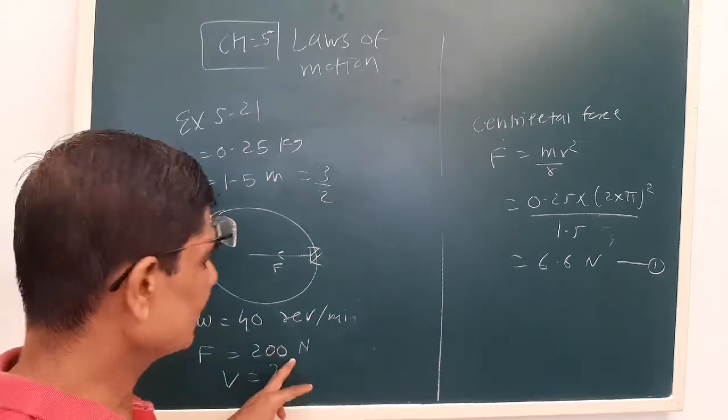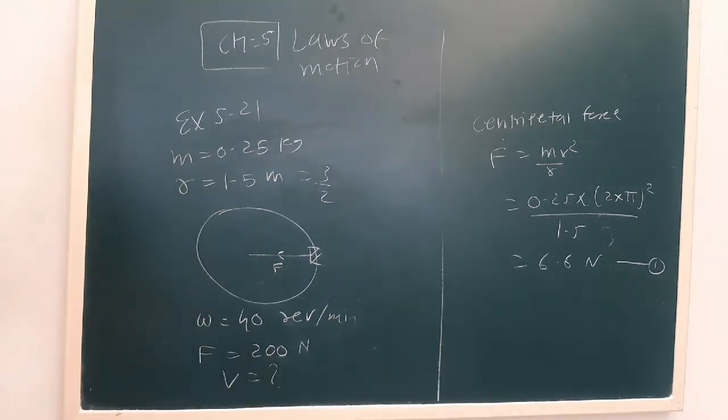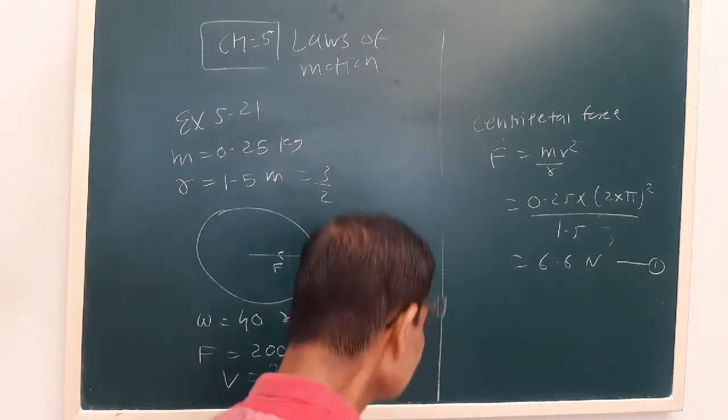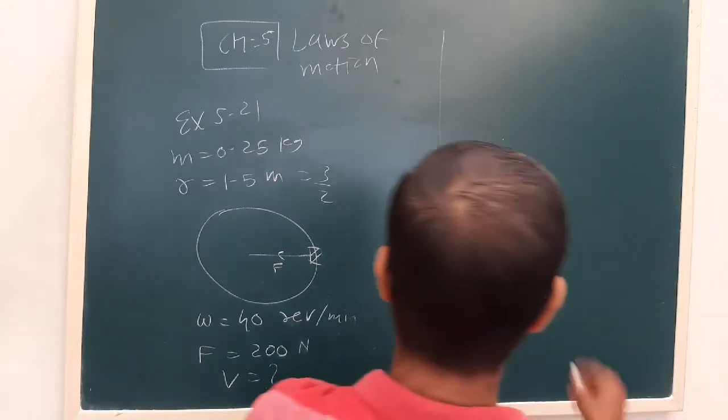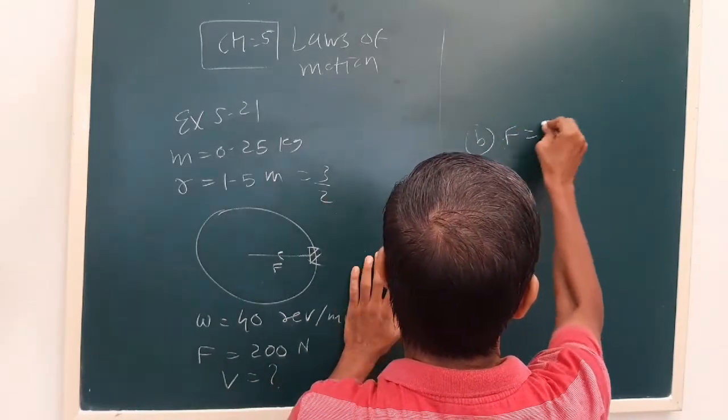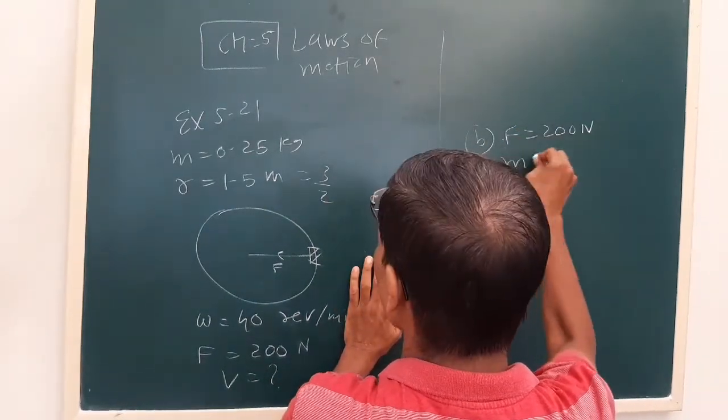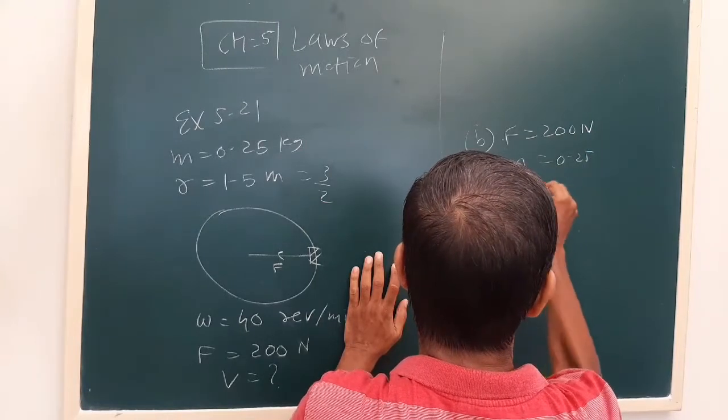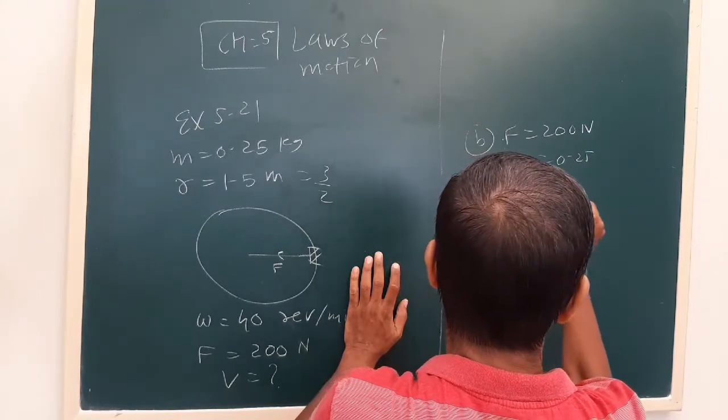Now it is given that the maximum centripetal force permissible is 200 Newton. We have to find out the speed. F is equal to 200 Newton, mass is 0.25, r is 1.5.